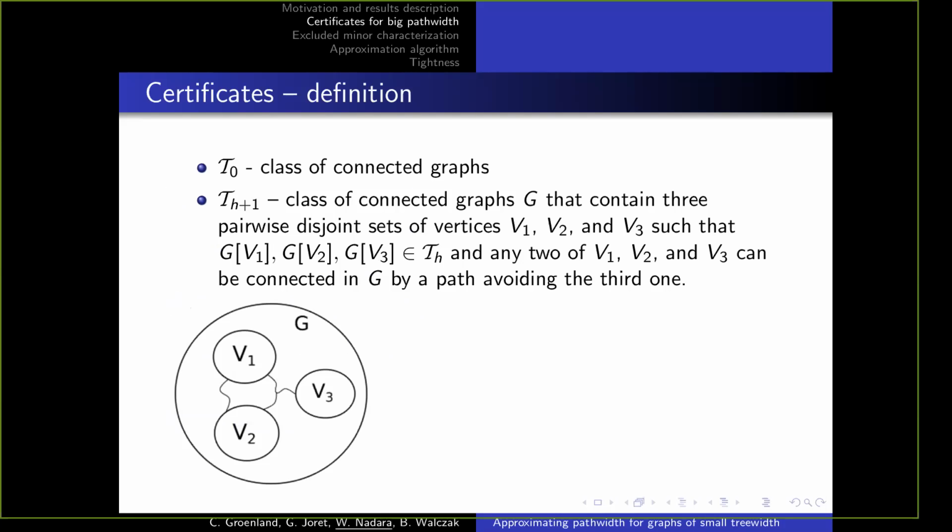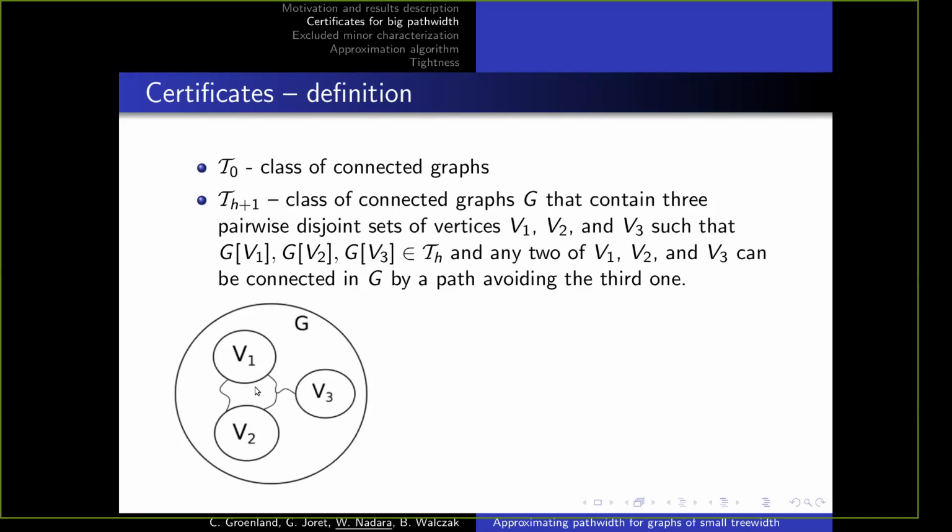T0 will be just the class of connected graphs. T(h+1) will be the class of connected graphs G that contain three pairwise disjoint sets of vertices V1, V2, and V3, such that the graphs induced on them already belong to the previous class, T_h, and any two of them can be connected in G by a path avoiding the third one.